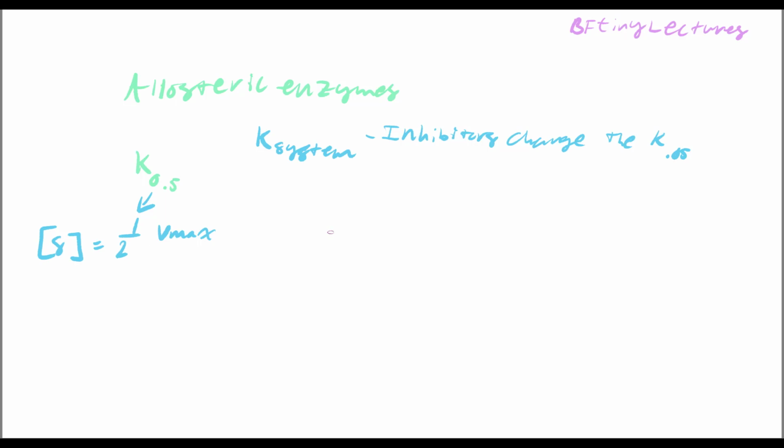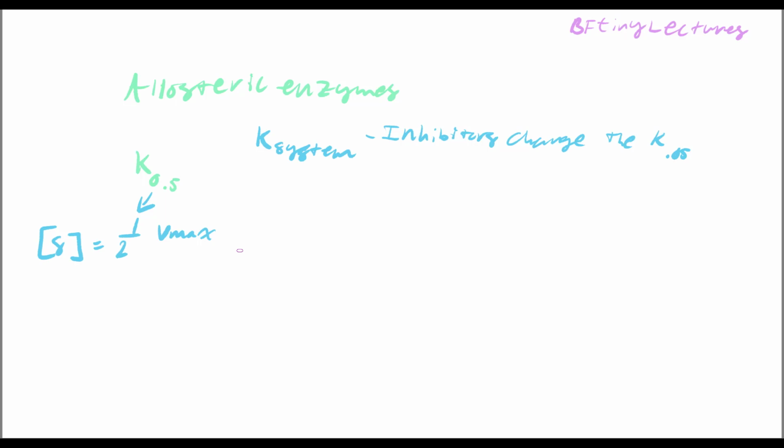So let's put that all together. For the K system allosteric enzymes, inhibitors change the value for K0.5. And K0.5 is just the value of the substrate concentration at 1/2 the maximum velocity.